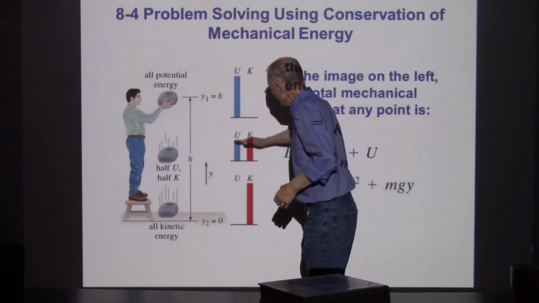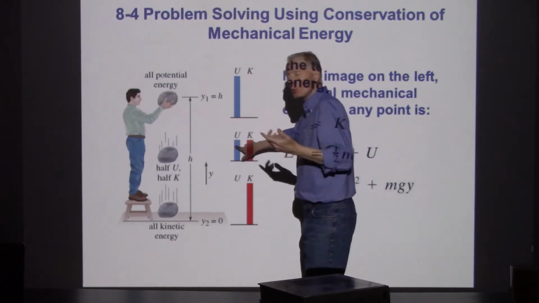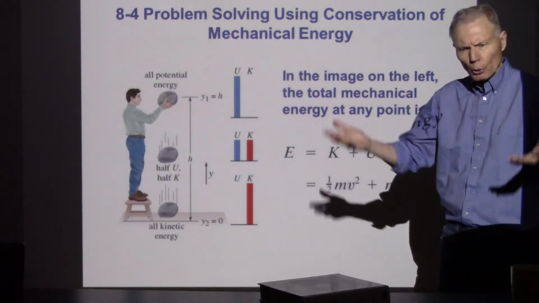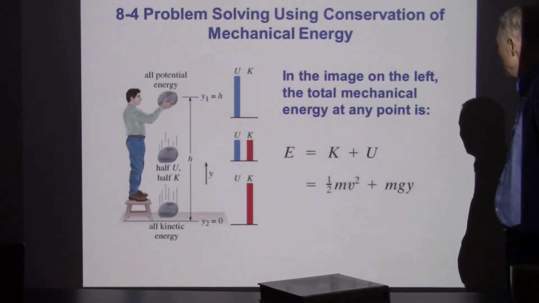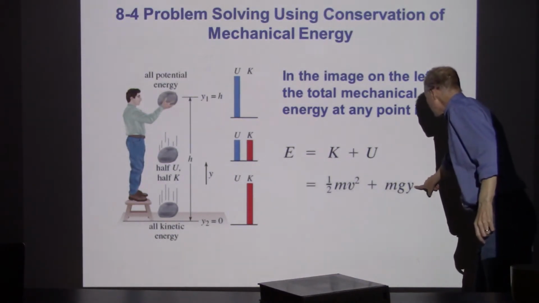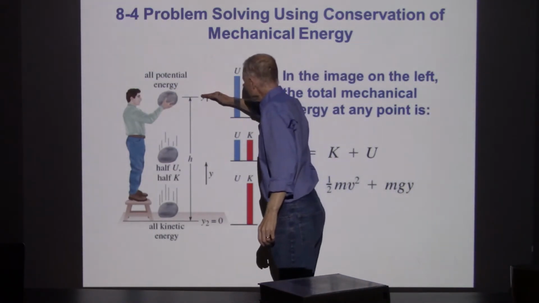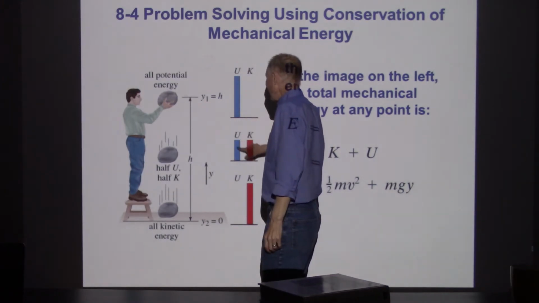Now, halfway down, we know that the potential energy will only be half as much. Potential energy over short distances in Earth's gravitational field is given by mgy, let's say, so we'll use y as a variable here. And that says that by the time I've dropped halfway, half the potential energy is gone.